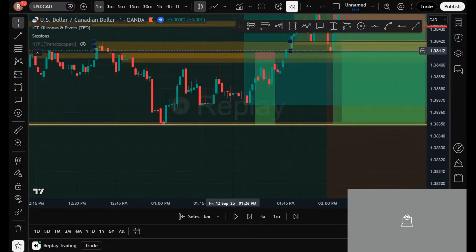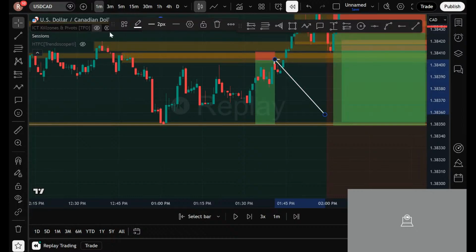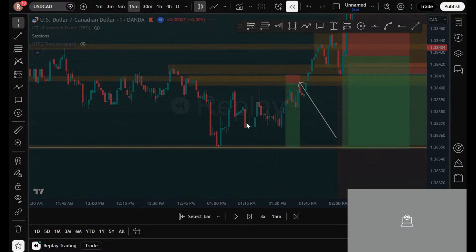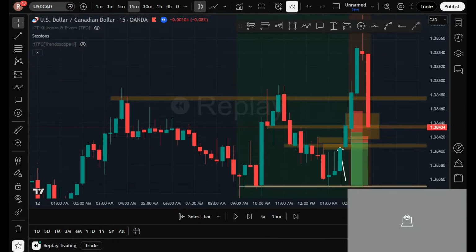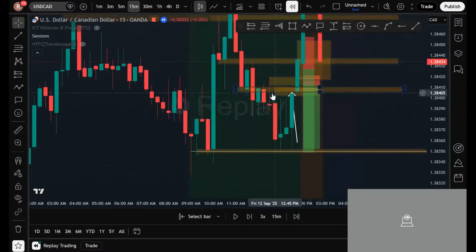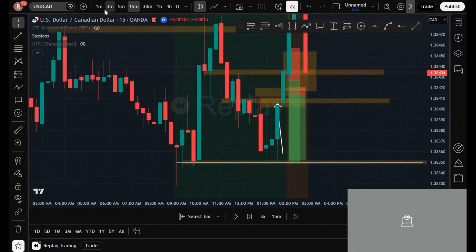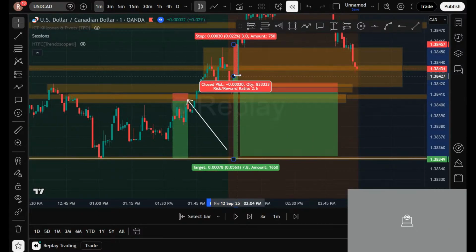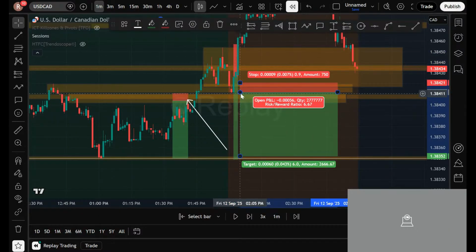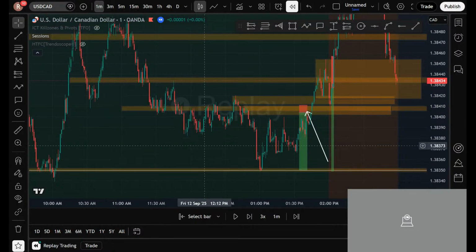This trade, does it make sense to me? Yes, this is a valid SL. And this trade, the second trade, this one is a valid SL.